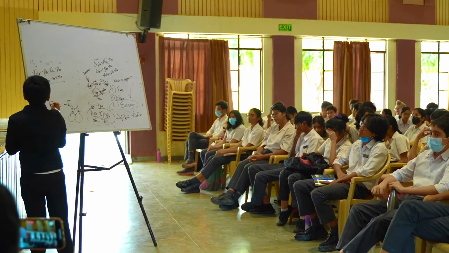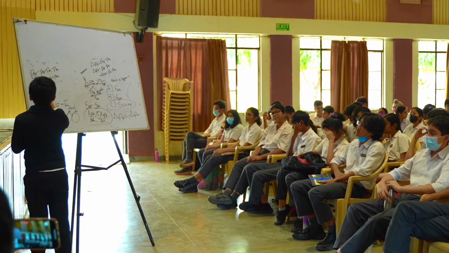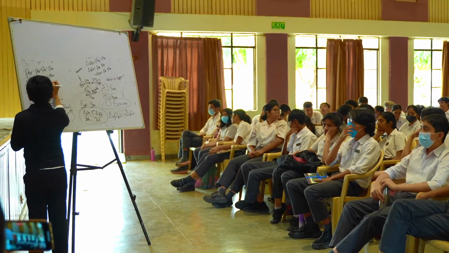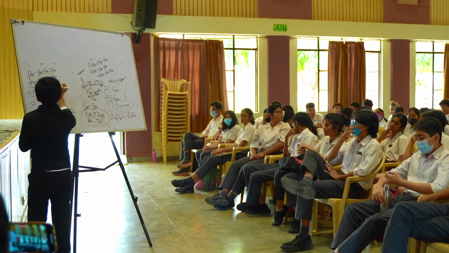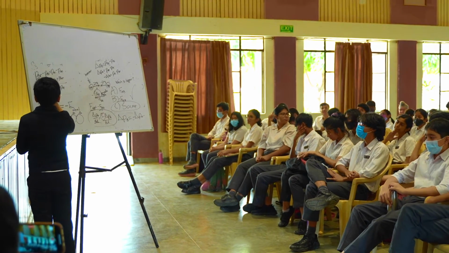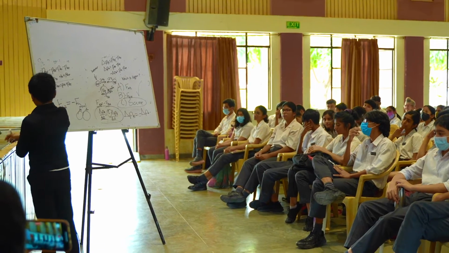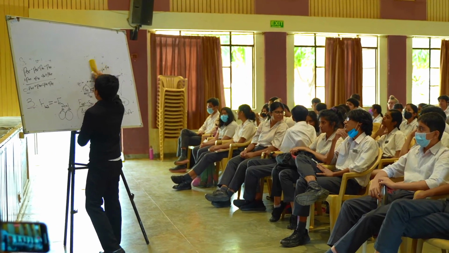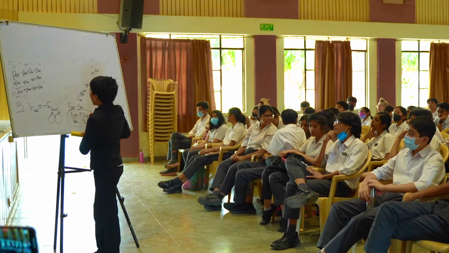That gives us P_AF plus P_BF is equal to P_AI plus P_BI. Or let's flip it around so it looks more familiar to you. And let's get some space for it too, because this is a very important equation in all of physics.